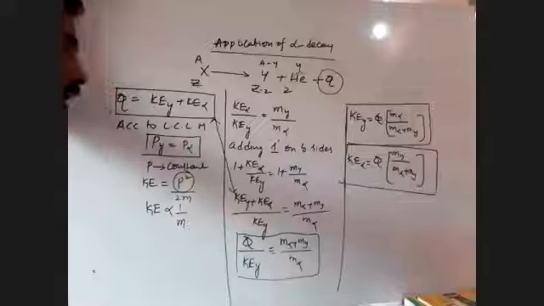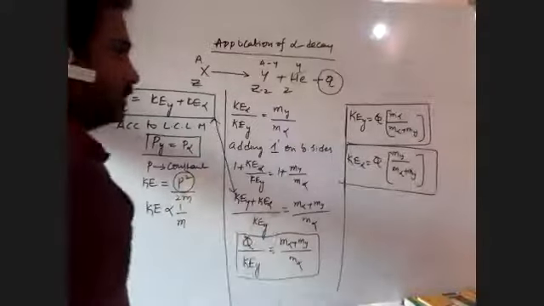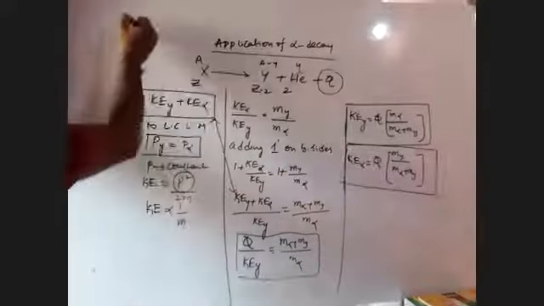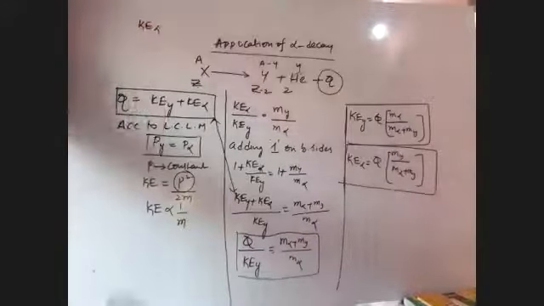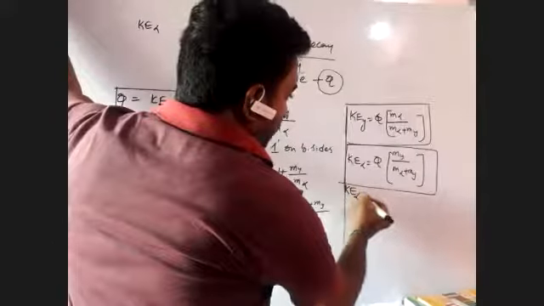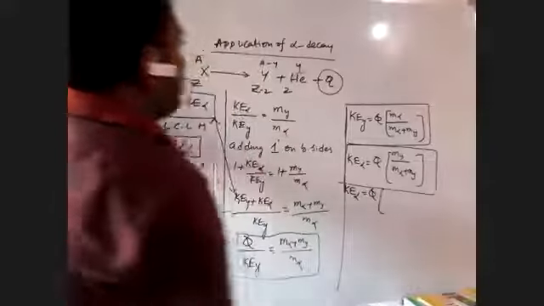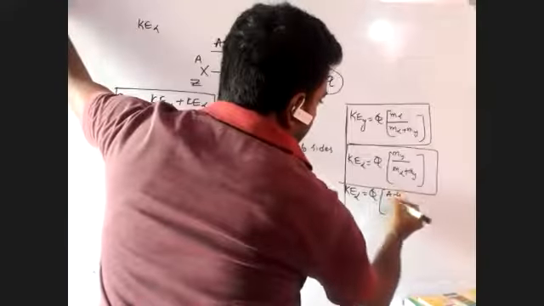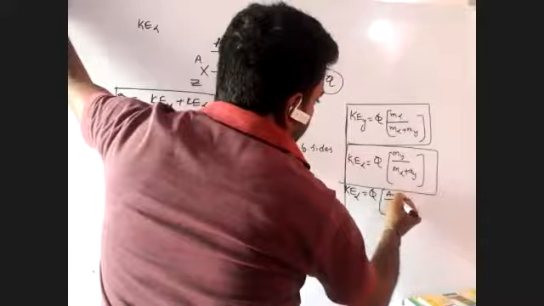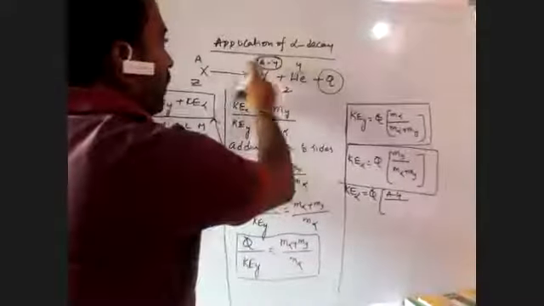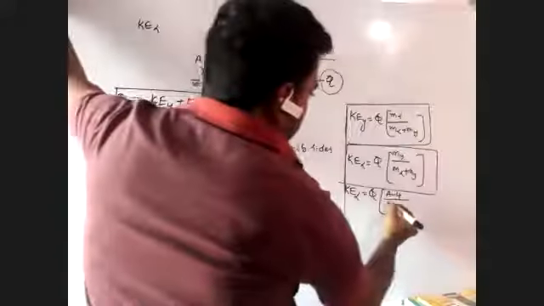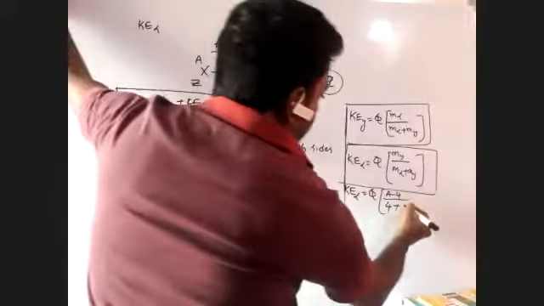Okay. And I can also rearrange these terms. If you want the kinetic energy of the alpha particle directly, it is the total energy Q into M Y by M alpha plus M Y. What is M Y? The mass number of Y is A minus 4, and the mass of the alpha particle is 4, so the denominator is 4 plus A minus 4.